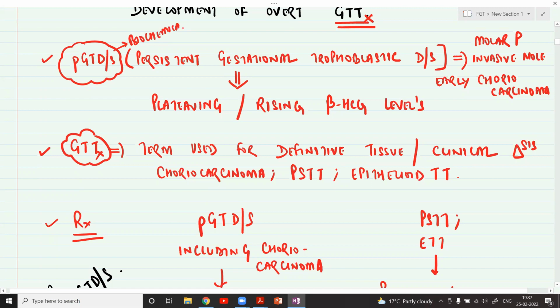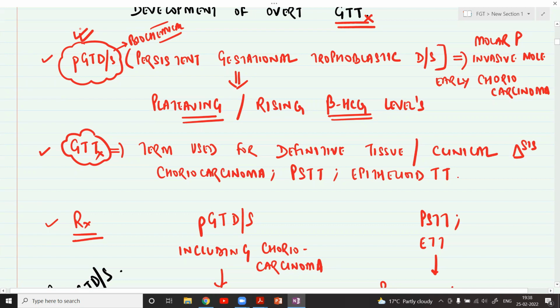Persistent gestational trophoblastic disease refers to molar pregnancy or invasive mole or early choriocarcinoma with plateauing or rising beta HCG levels. So any kind of molar pregnancy or invasive mole or early choriocarcinoma, if it is showing plateauing or rising beta HCG levels, then without a tissue diagnosis I am just going to use the term persistent gestational trophoblastic disease.